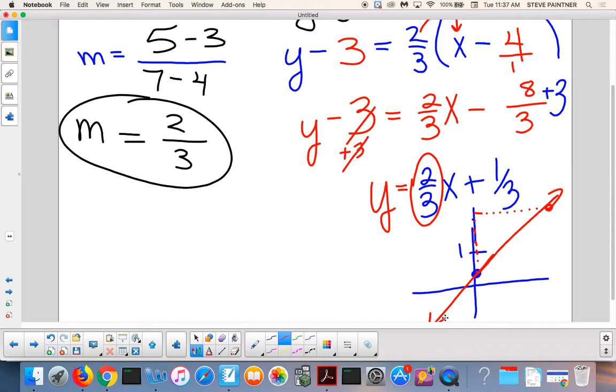Okay. The last one, guys, read it. Look at the picture. They're asking you to write the equation of this line. Go for it.